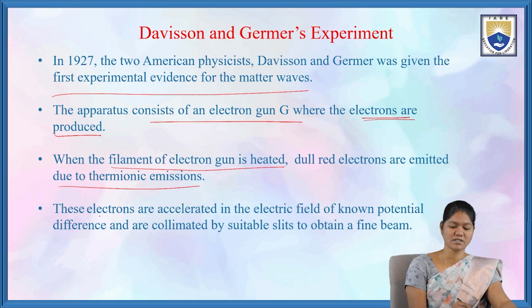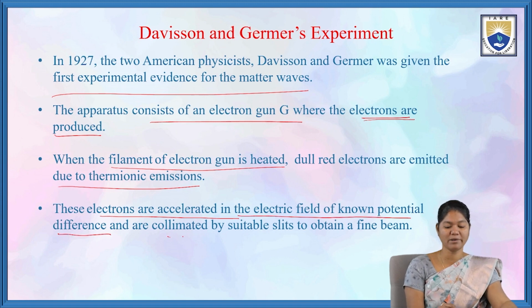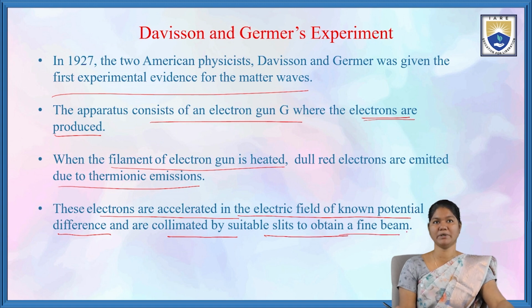These electrons are accelerated in the electric field of a potential difference and are collimated by suitable slits to obtain a fine beam.